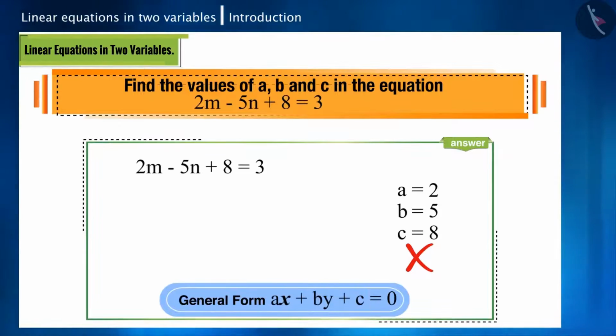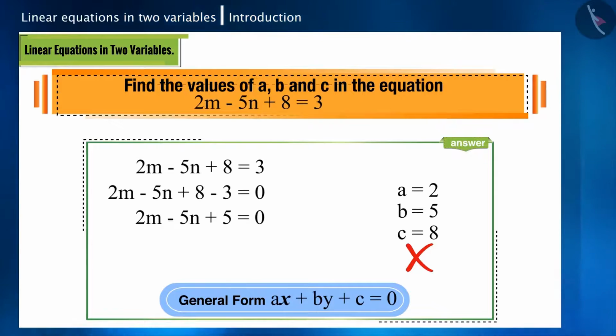Is this in general form? No. So, first we will write it in its general form. So this is how it looks: 2m minus 5n plus 8 minus 3 is equal to 0. That means 2m minus 5n plus 5 is equal to 0. Now we can very easily find the values of a, b and c from this.